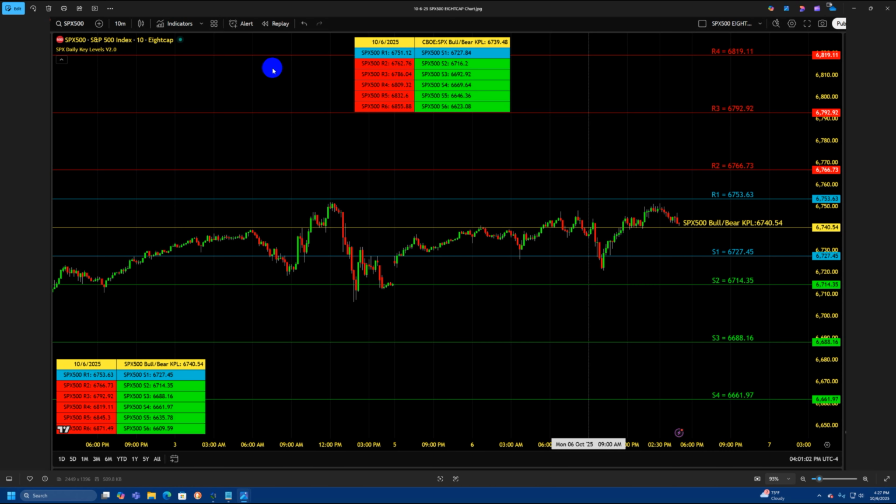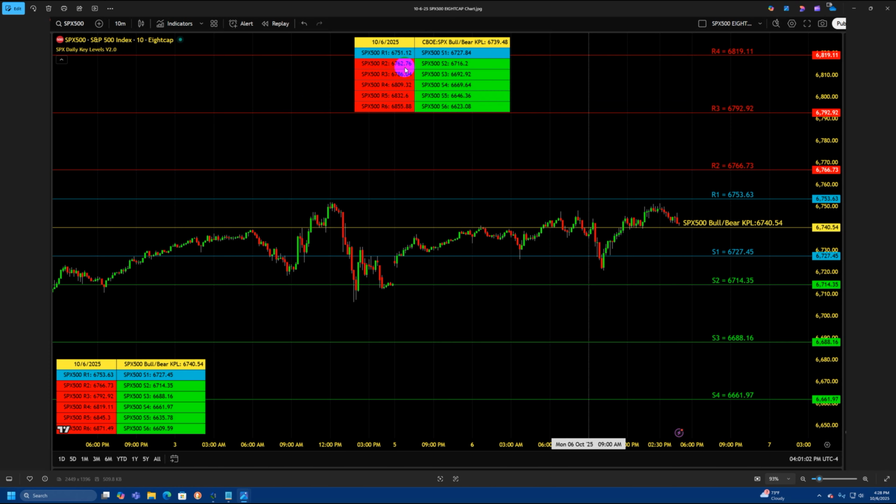So the only way that we can give you the levels, even though the indicator already knows what the levels will be for the CBOE SPX index at 9 a.m. Eastern, even though it hasn't opened yet, is by displaying them on the second symbol in a second table on the chart here.